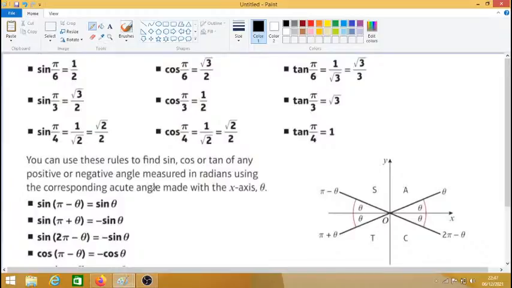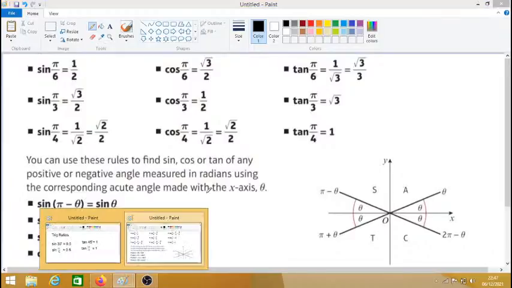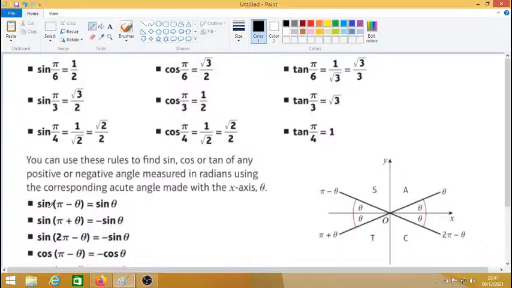The next thing you want to take a look at is some very simple identities here. So let's just take a closer look at some of them. Here we're saying that if you take an acute angle, and you do pi take away that angle, then the sine of that is the same as the sine of just the angle on its own.